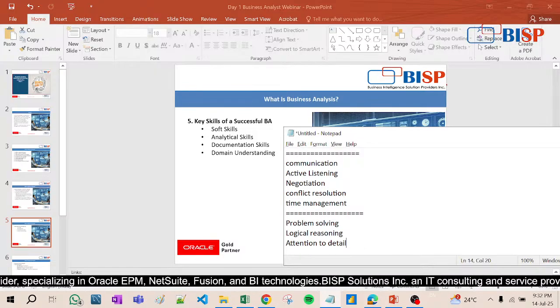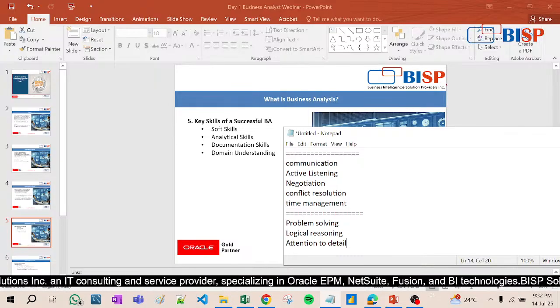Logical reasoning is also there. For example, if the client is demanding something which is already there, but he is demanding in another way, you have to see whether what we are doing is logically correct or not, right? Then the third is attention to detail.